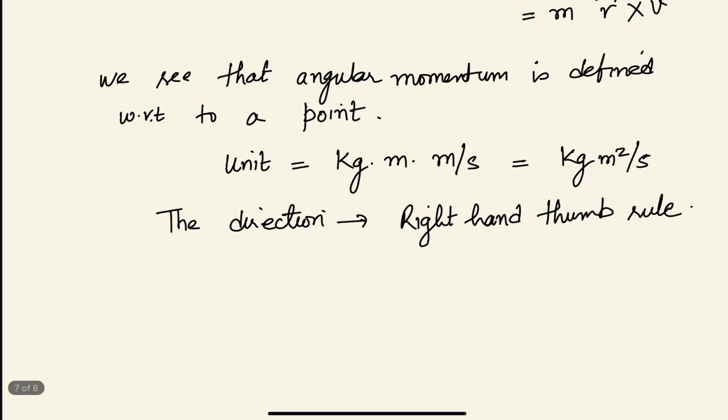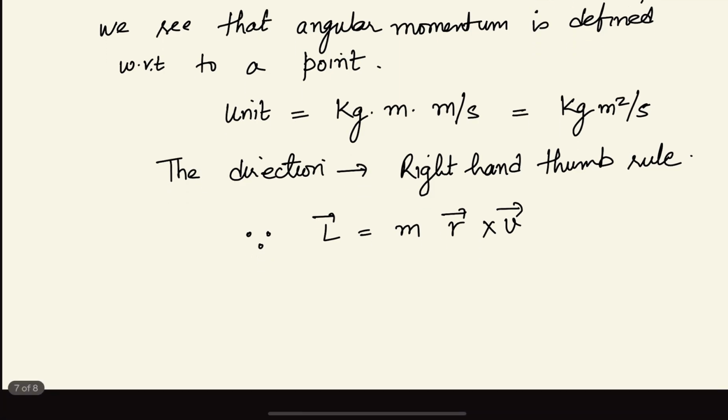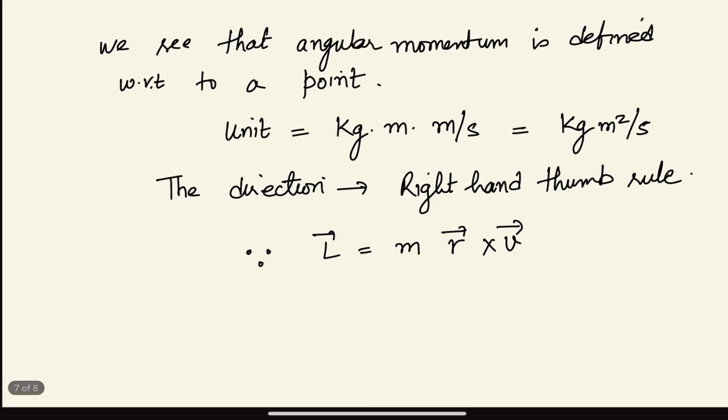Since L is defined as m r cross v, suppose this is my direction of velocity vector, and from this point I want to calculate angular momentum about point O, and my radius vector direction is this.